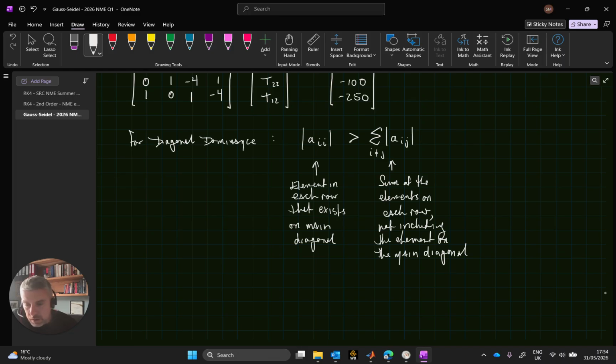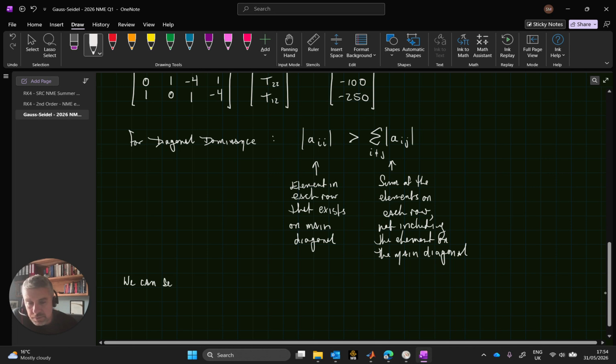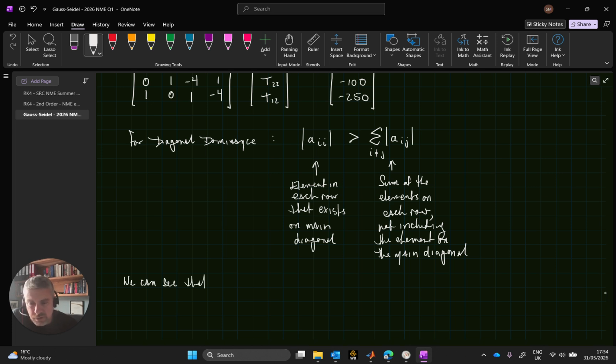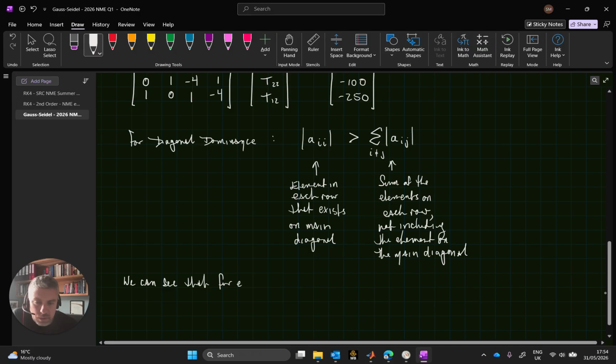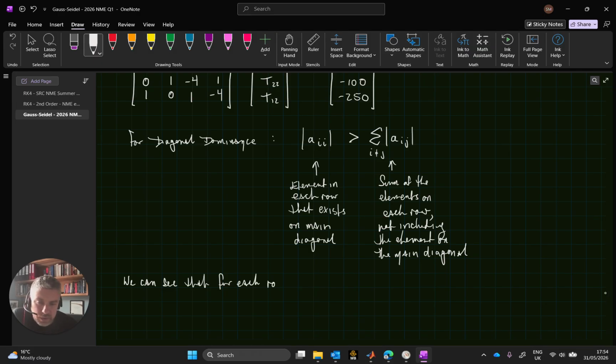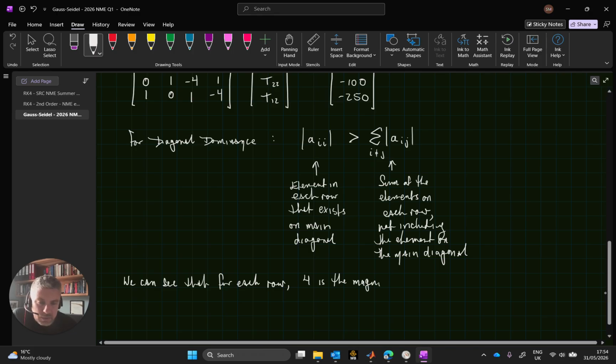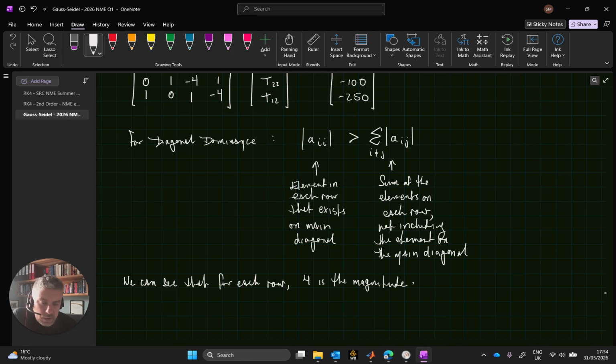Okay, so we can see that for each row, 4 is the magnitude of the element that exists on the main diagonal.